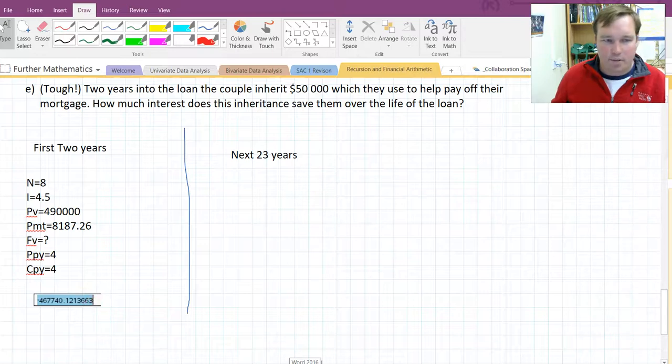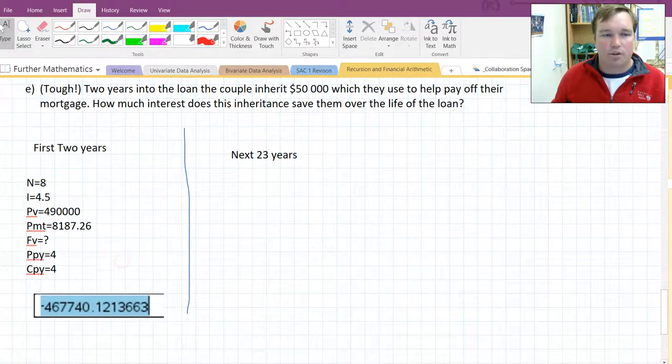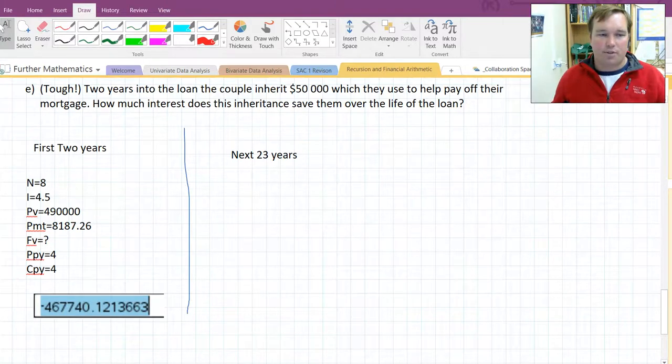Right, so after 2 years, or 8 payments, instead of owing $490,000, they now owe $467,000.